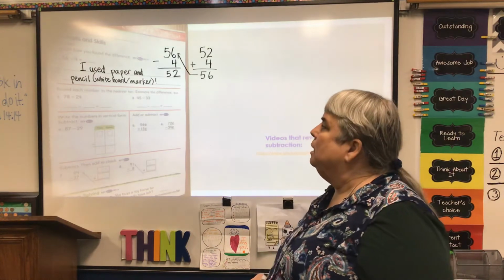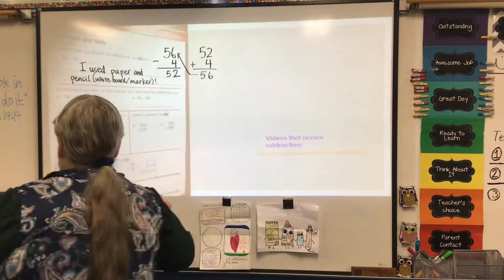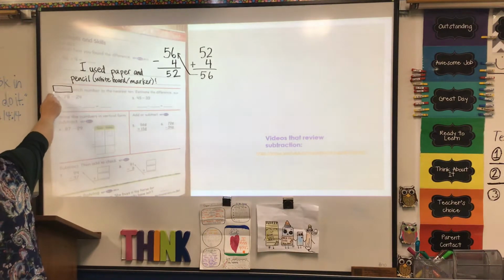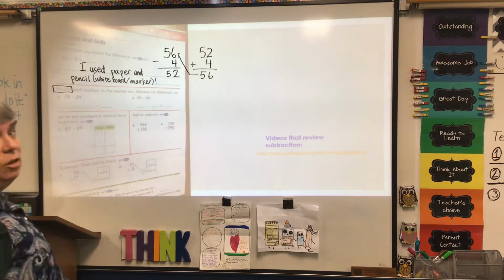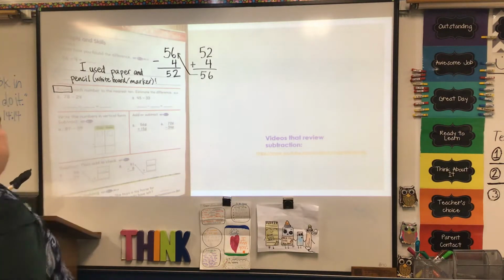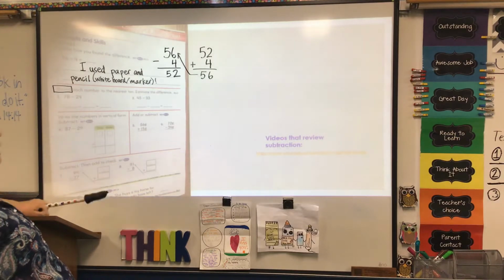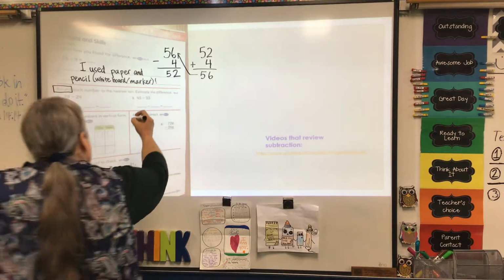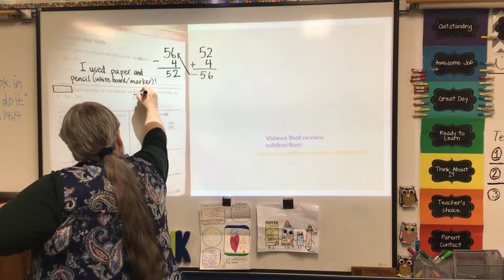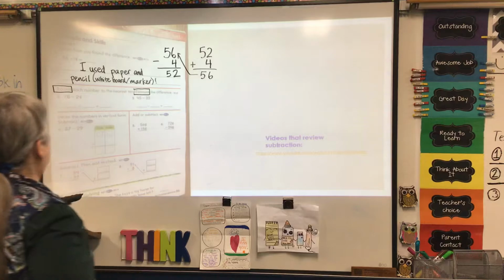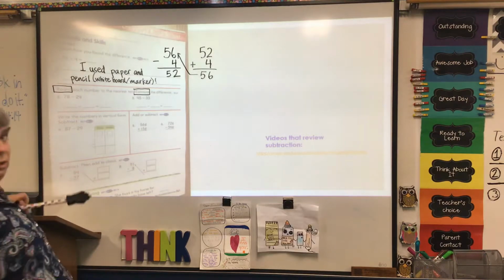The next one has this really, really important word right here. You can circle it on your page if you want or highlight it. It says round each number to the nearest 10 and then estimate, another really important word, estimate the difference. So I'm going to remember my rounding tools.